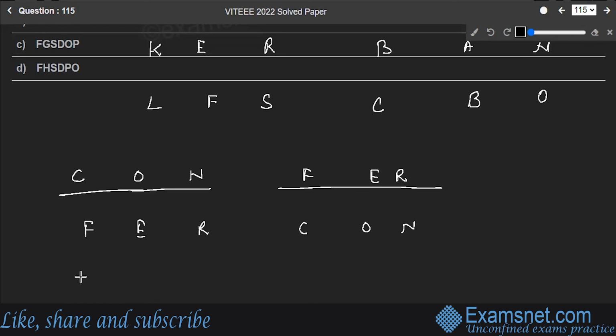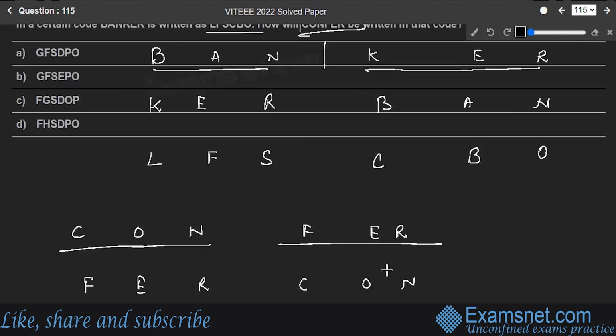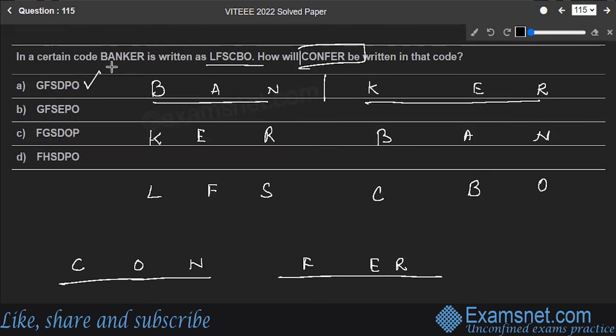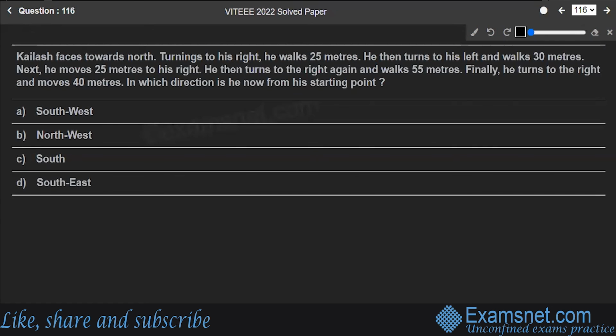Now, after F you have G, after E, F, and so on. So this is GFSDPO, which is nothing but your option A. Hope you understood this. Next is the 116th question.